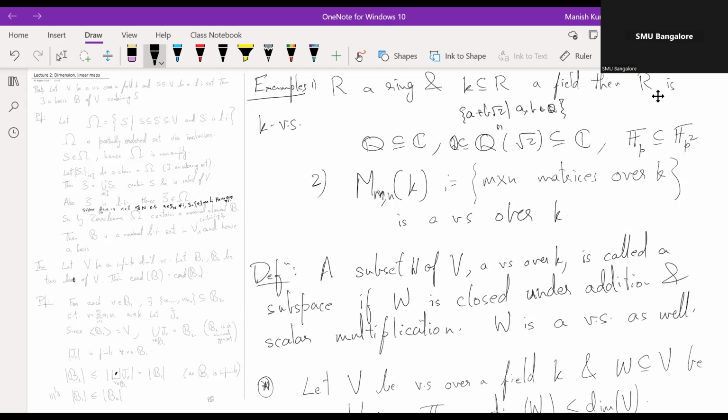That's an interesting question. How many elements does this F_p have? F_p has p elements, and F_p square has p squared elements. So what will be the dimension of F_p square over F_p?